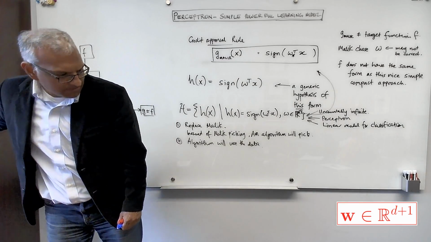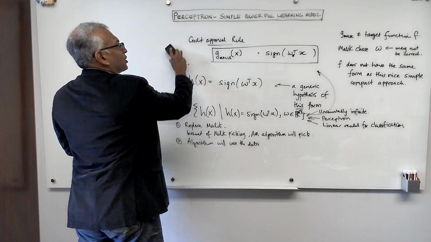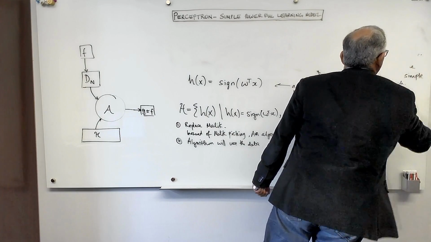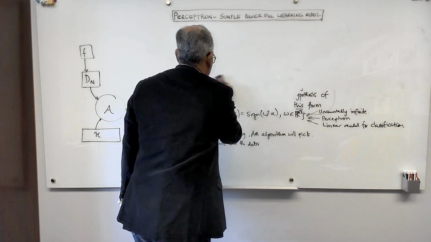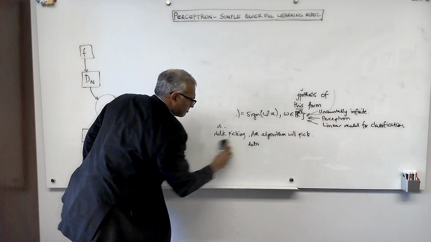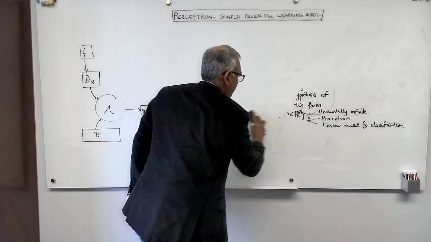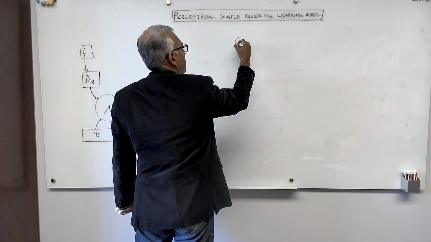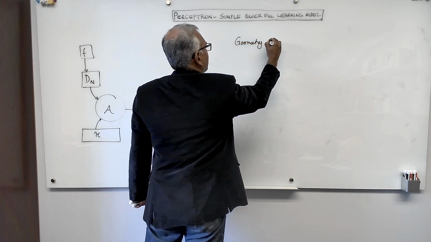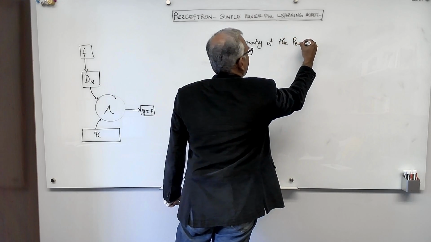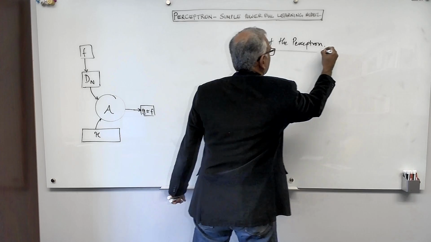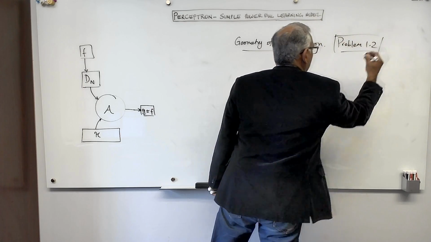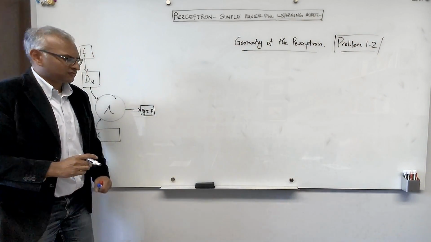The geometry of the perceptron. Okay, and it's a good idea to do problem 1.2 in the book, if you're completely unfamiliar with the geometry of the perceptron.